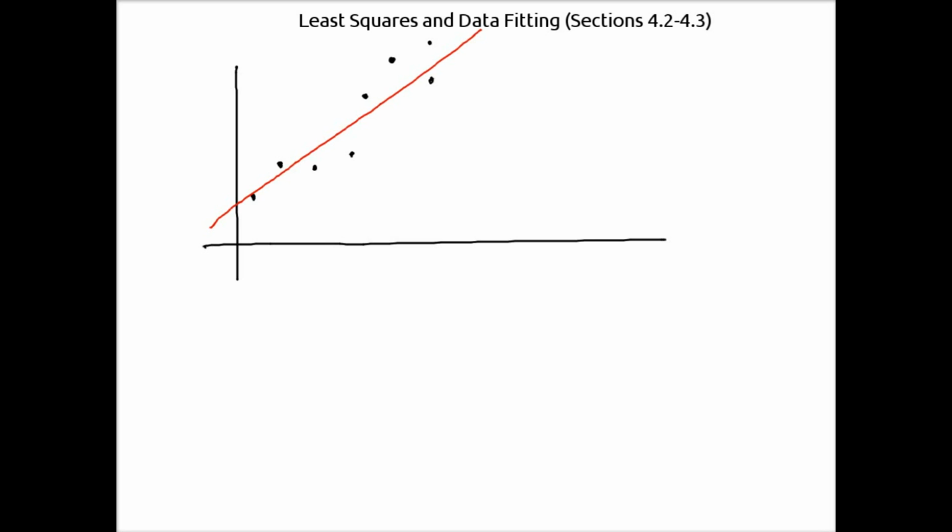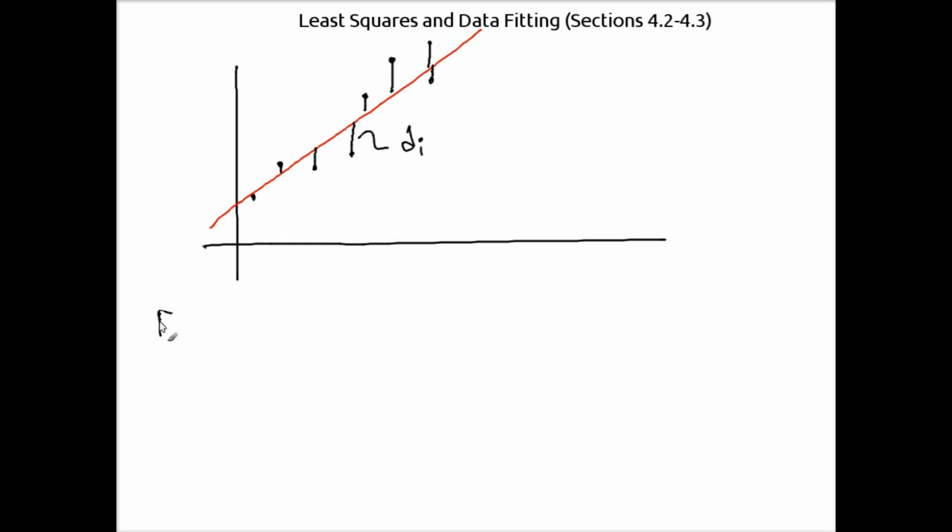Well, this line is supposed to be close to these points, and one way to measure that would be to take the vertical distance from each point to the line and call each of those distances di.